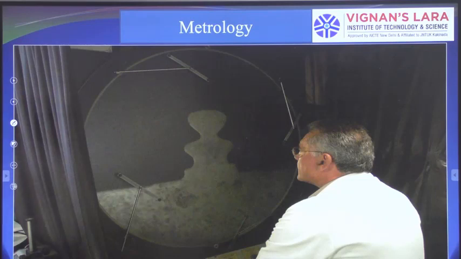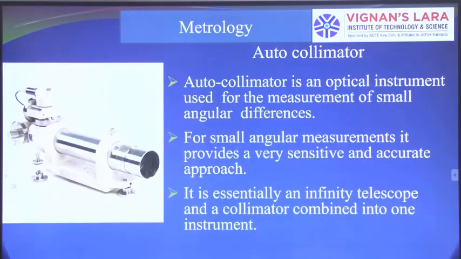This is the large scale optical projector. By means of this projection, we can easily identify small irregularities or flaws. Here the magnification of the component is high. Even for a minute dimension, it can be highly magnified, and we can clearly observe the profile of the component.